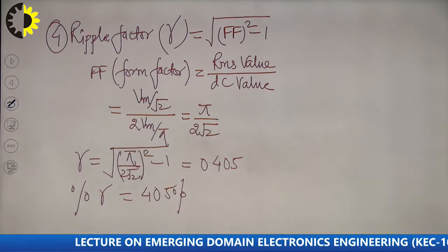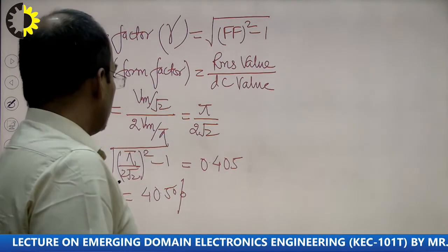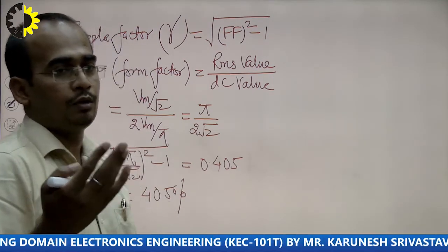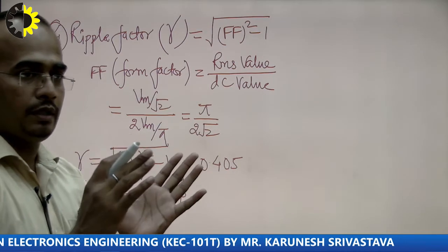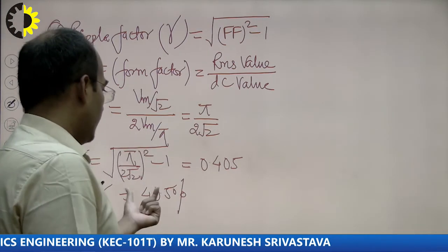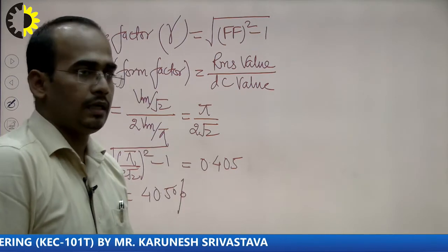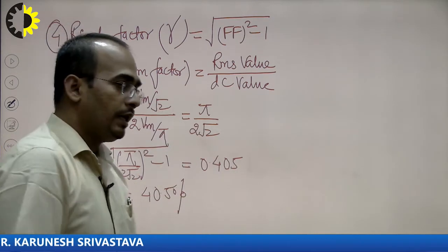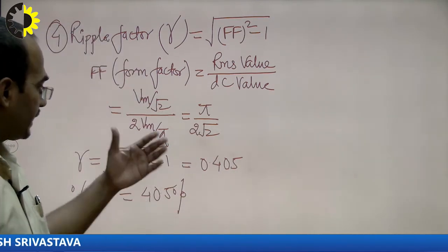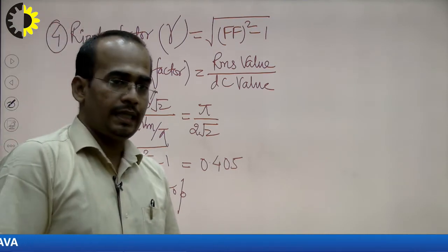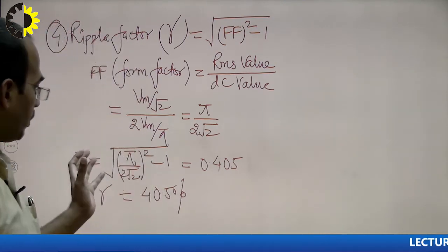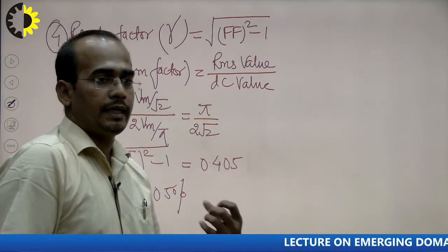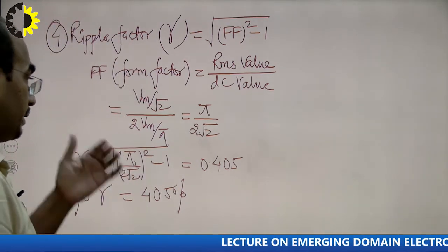As I told you in the half wave rectifier circuit, the ripple factor gives the information about the number of ripples present at the output of the rectifier. In the half wave rectifier we have seen that the ripple factor was 121%, that is 1.21, and in this case the ripple factor is 40.5%. So you can say that the number of ripples is reduced in the full wave rectifier, bridge and center tap rectifier.